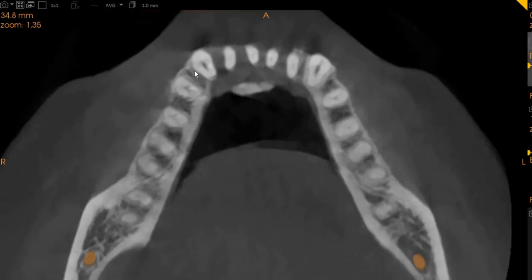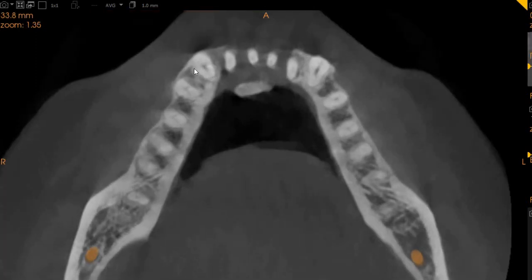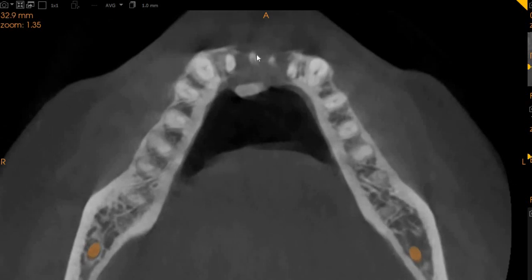This is the axial view. The axial view is top to bottom, and you can see the anterior segment of the mandible has absolutely no bone available here. You can see major bone loss in this region, and very significant periodontal disease can be seen here.